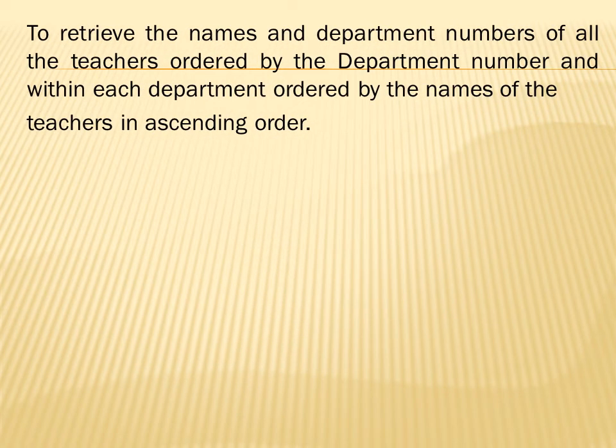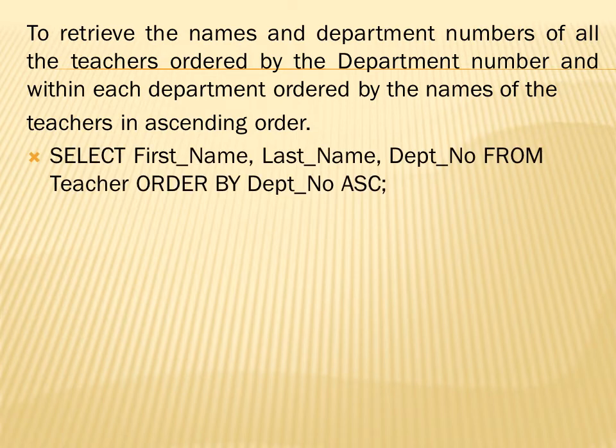To retrieve the names and department numbers of the teachers ordered by department number, and within each department ordered by the name of the teacher in ascending order. Now using the department number you have to order the names of the teachers in ascending order. So what is the command? Select first name, last name and department number from the teacher.